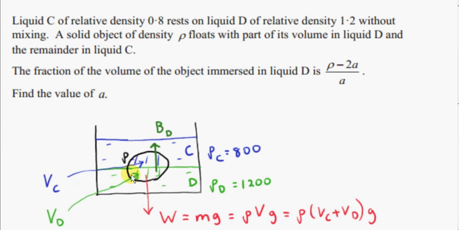Now this is the force that would be on this shape here if it was just made out of liquid D. If we can imagine the lower part of the object vanishing and being instantly replaced by the same liquid as liquid D, then the force acting on that liquid would be the same as the force acting on the object.